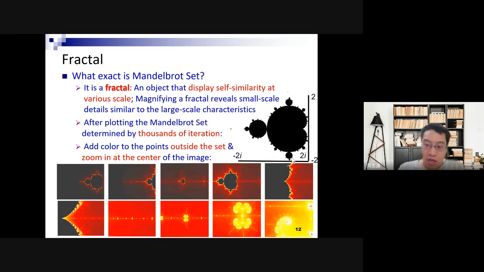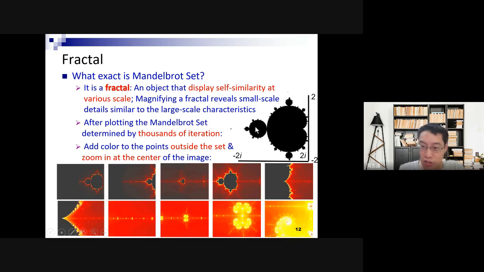Why is that? You can see the pictures below. Those beautiful pictures were taken from this one in different scales, when we keep zooming in on some area in this pattern. What happened, you can see over here, is this pattern looks exactly like this one, but this pattern is actually not this one.